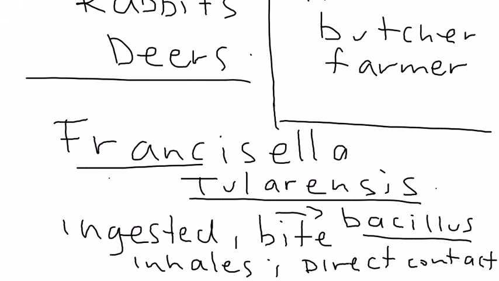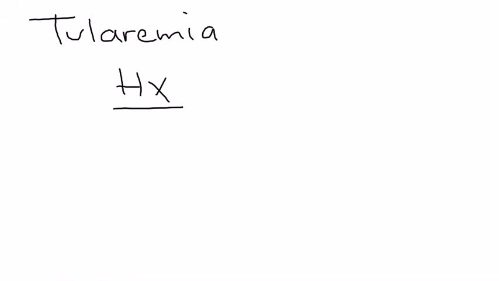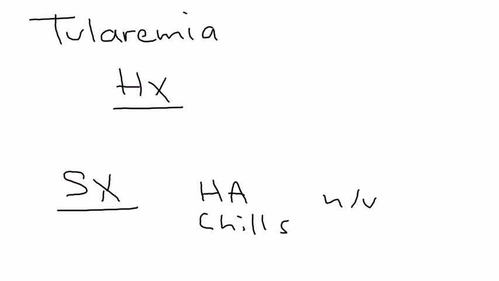Now, when you develop tularemia, the history is probably the most important part of it, because the symptoms are so vague. The symptoms are, if I list them, headache, chills, nausea and vomiting, fever. They're so vague that this could be anything.